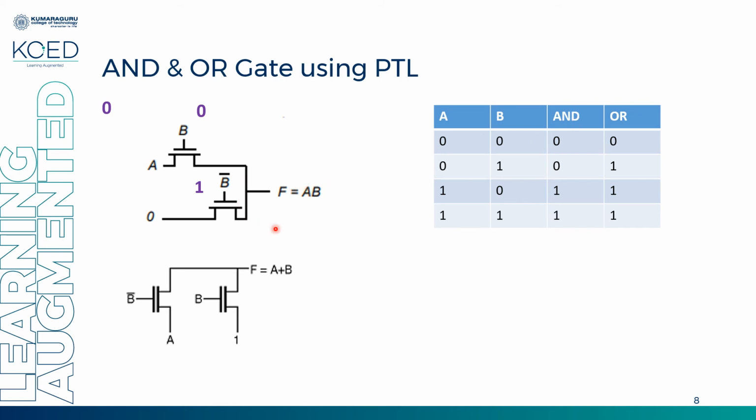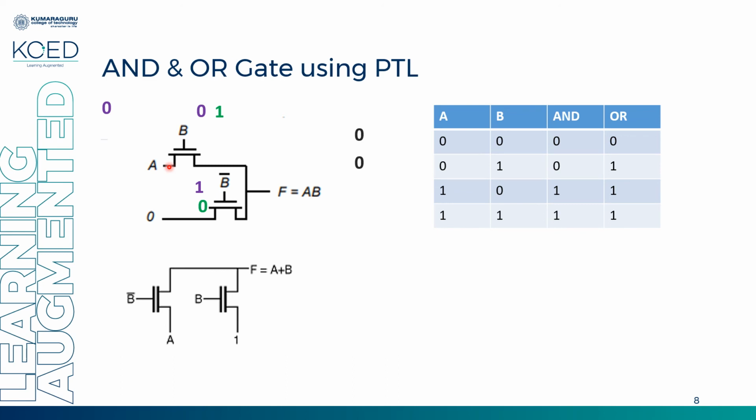Now 0 1 condition. A is 0, B is 1. If B is 1, what about B bar? 0. Now which transistor will remain on? Here I have a 1, that is high voltage, so this transistor will turn on. And A again is 0, so 0 will be obtained as the output.